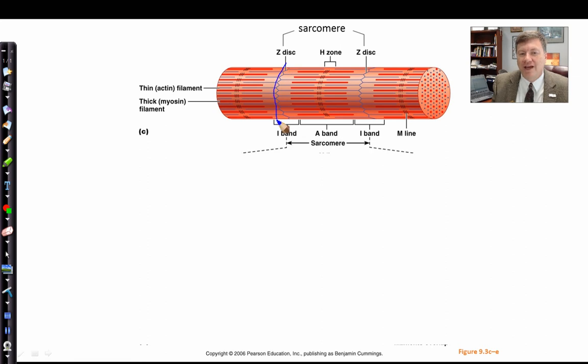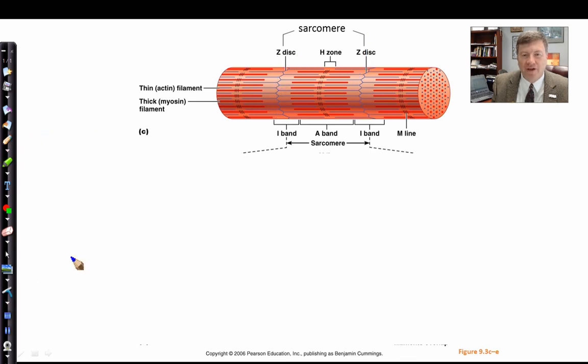So the sarcomeres have these boundaries. We refer to the boundary between a sarcomere and a sarcomere as the Z disc. Z just means the end of. So here's one sarcomere. You can say this is the end of this sarcomere, and it's also the end of the next sarcomere right next to it. So we have the Z disc.